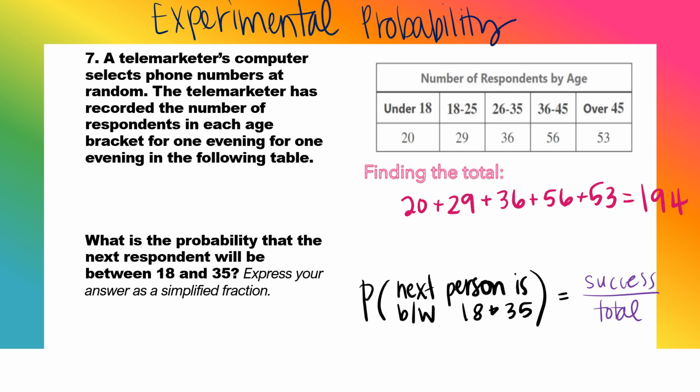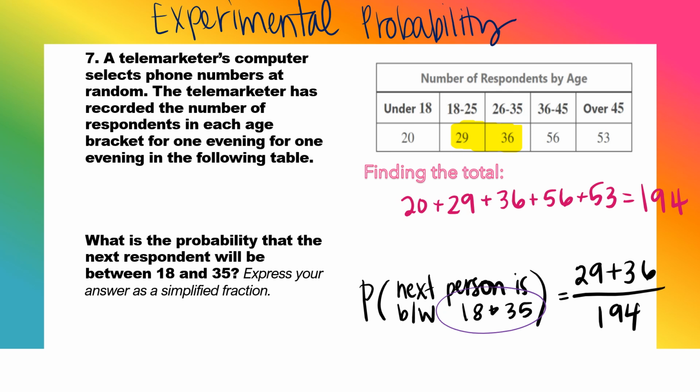And a success here is that the person was between 18 and 35, right? So let's see how many people in our table are between 18 and 35. That's these 29 people in the age bracket 18 to 25, and then the 36 folks that are in the age bracket 26 to 35. Right, so we're going to add those two numbers together to get our total number of successes.